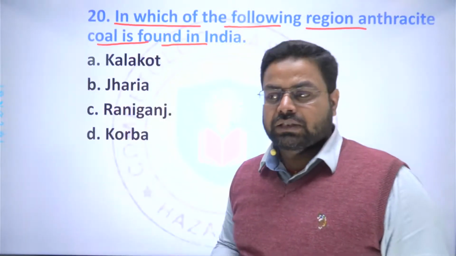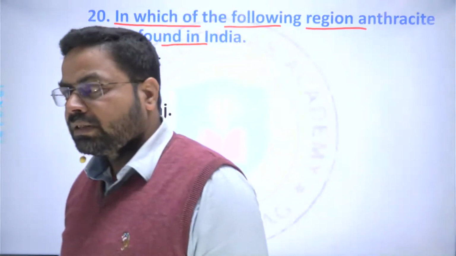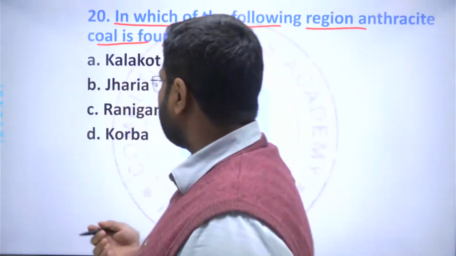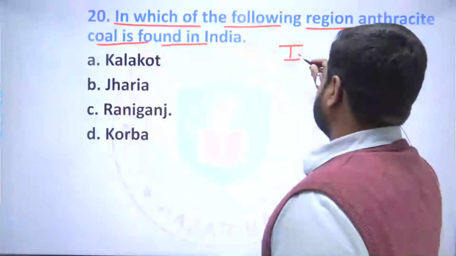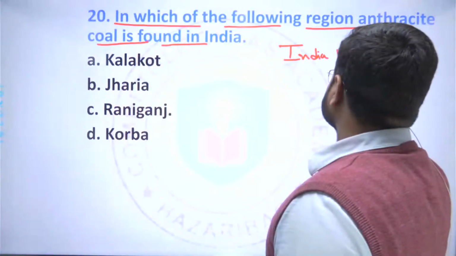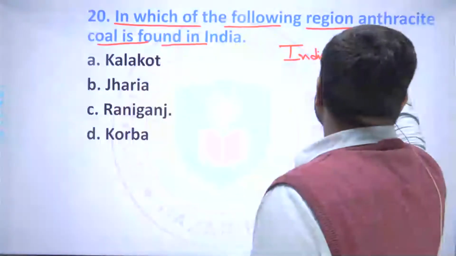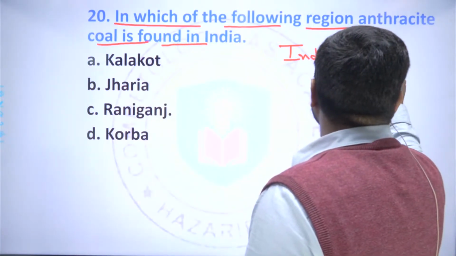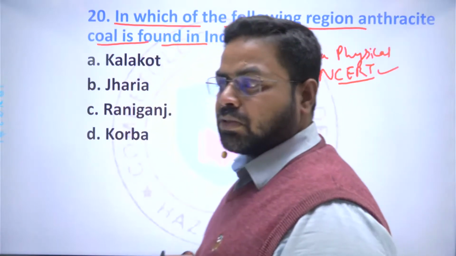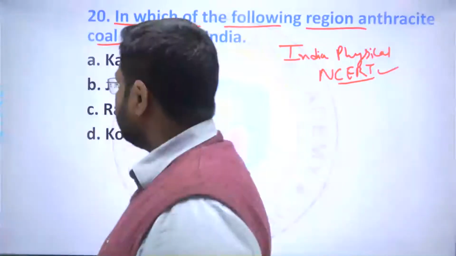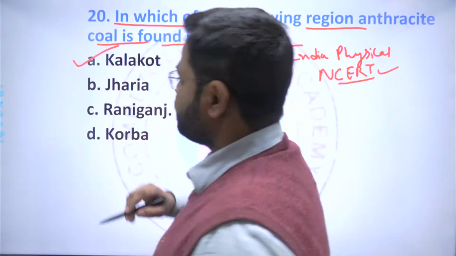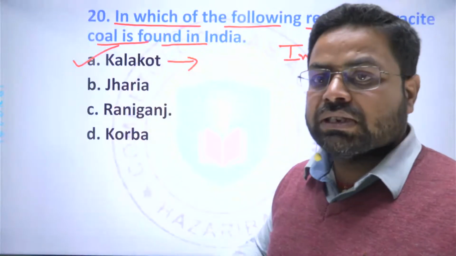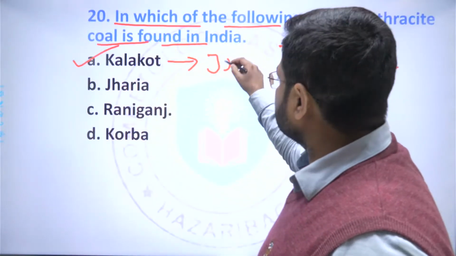This is a completely factual question, and those who have read the NCERT religiously, that is of Indian geography, India physical, those students will know the answer to this question. And this question is a factual question whose answer is Kala Kot. Very few people would know that coal is also found in Jammu and Kashmir.